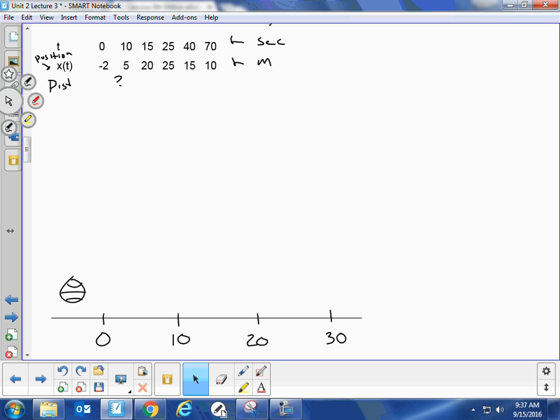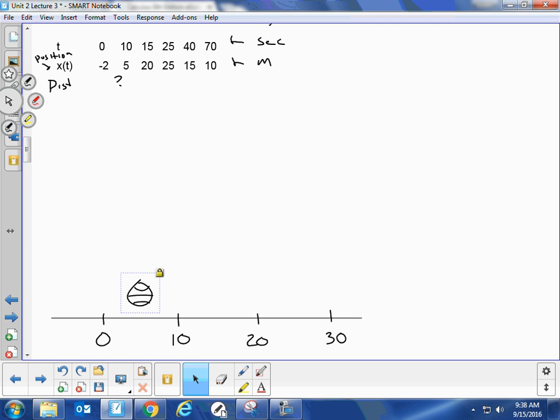What could have happened is that when I start my stopwatch, this basketball could have raced all the way over here at the 5th second, and then it came all the way back over here, and when my stopwatch gets to 10 seconds, I'm back at 5. It could have gone back and forth 20 times, and then by the 10th second, you're at 5. We don't know how far we've traveled. We don't know our distance.